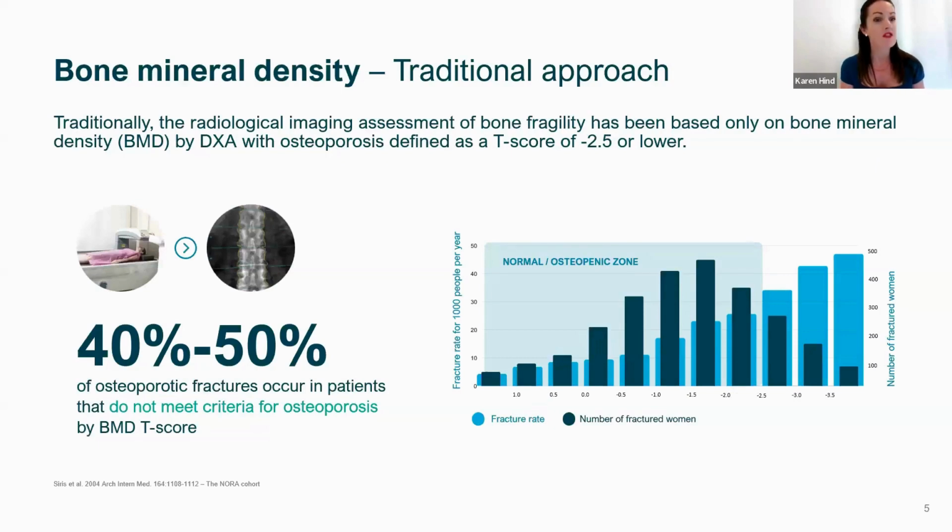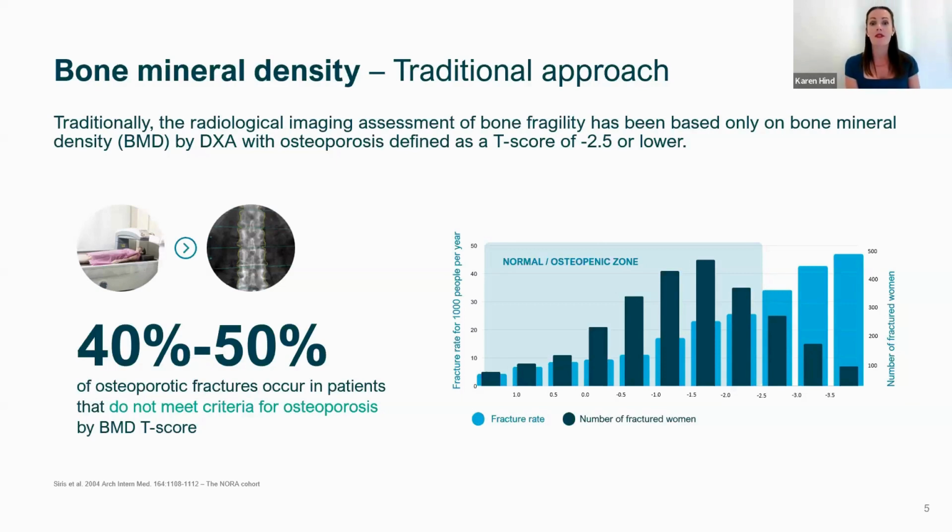So let's talk about the traditional approach, which has been around for many years now. So we all are very familiar with DEXA. Often in your clinic, it's your bread and butter. And we use DEXA to measure bone mineral density. And that addresses one aspect of the definition of osteoporosis according to the World Health Organization. Traditionally, this assessment of bone fragility is based on a BMD T-score, which is minus 2.5 or lower, fulfilling the densitometric criteria for osteoporosis.